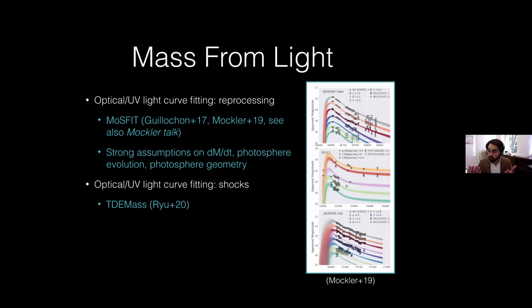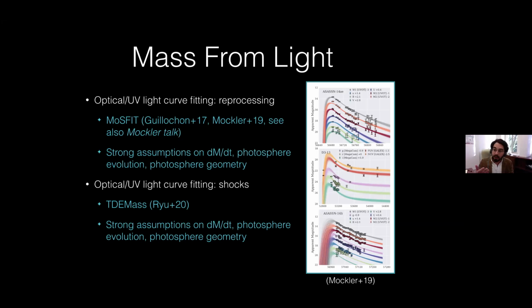There was a nice recent paper by Taeho Ryu and his collaborators introducing an analogous kind of simplified algorithm, TDEmass, to back out black hole mass from optical light curves in the shock power paradigm. But again, this requires you to make fairly significant, I would say, phenomenological assumptions about the geometry and time evolution of the photosphere that is observed.